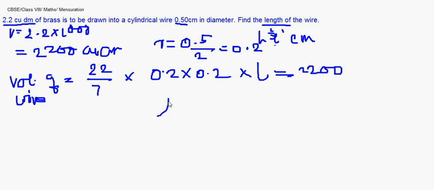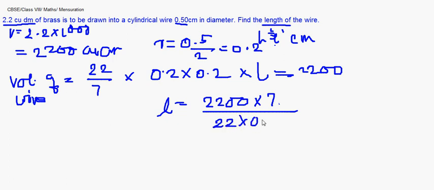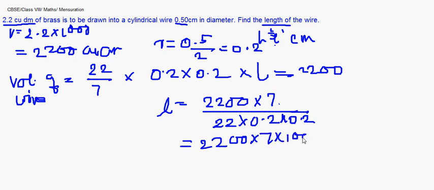So L can be calculated as 2200, that means this many length of the wire is drawn, divided by 22 by 7 into 0.2 into another 0.2. So I just need to remove these decimals. To do so, I will be multiplying 100 in the numerator.